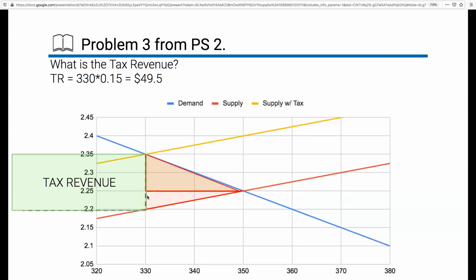So again, when we're doing the calculation of the loss in producer and consumer surpluses, it's meaningful to break the changes in producer surplus and the consumer surplus as rectangle plus triangle, because the rectangles are what the producers and consumers pay in the form of the tax revenue.